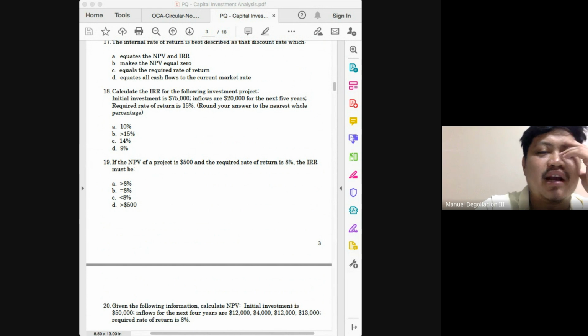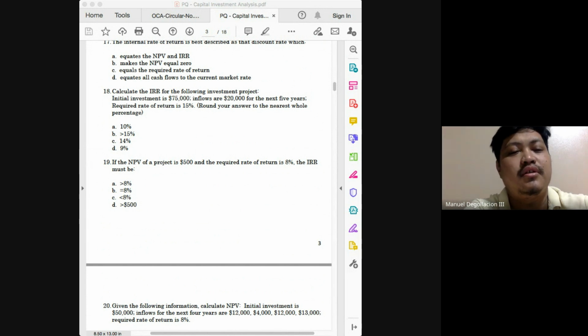Or you could use the calc function of your scientific calculators. Or you can interpolate, but that will require you to use trial and error. So the answer here would be 10%. Answer number 18 would be letter A, 10%.